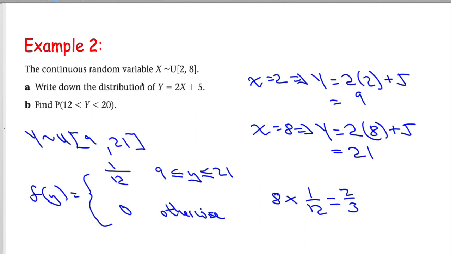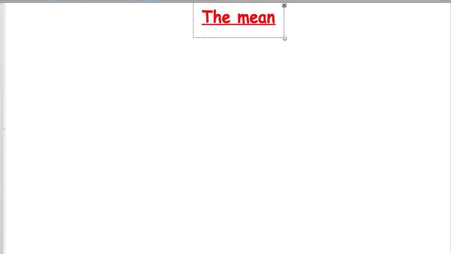Okay, next we're going to move on to the mean and the variance, and it's important that you know how to actually derive these. So this is something that needs to be learnt from scratch. So we're going to derive the expected value of x, or the mean of x, for a continuous uniform distribution.